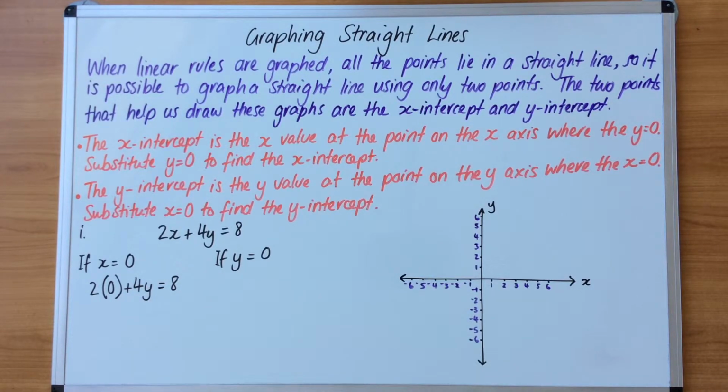And now I can then calculate as I would normally do. So if you look at this, 2 bracket 0 bracket means 2 times 0. And that actually is just a 0. So that can be crossed out. And then we rewrite this down below, 4y equals 8.